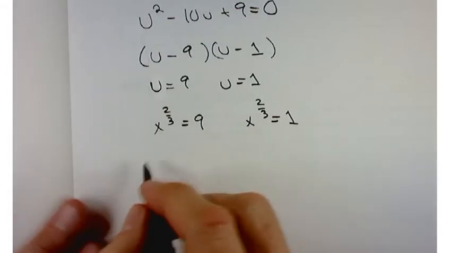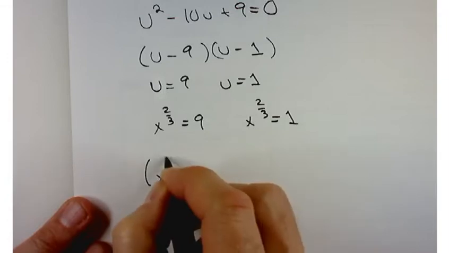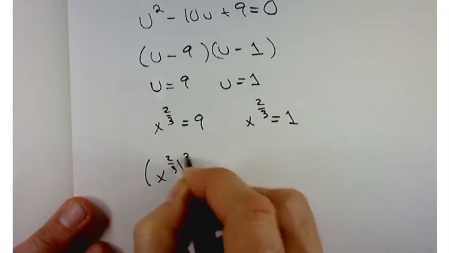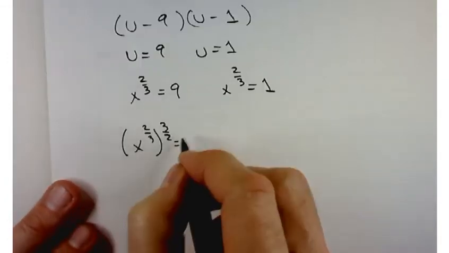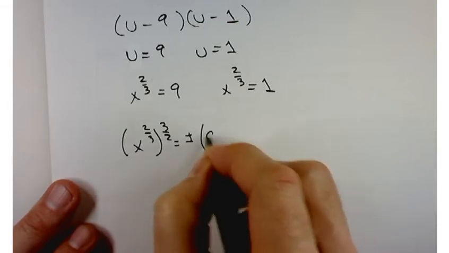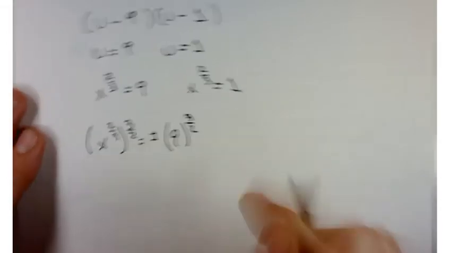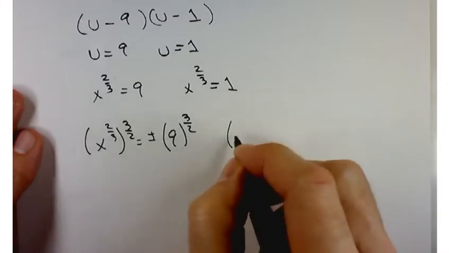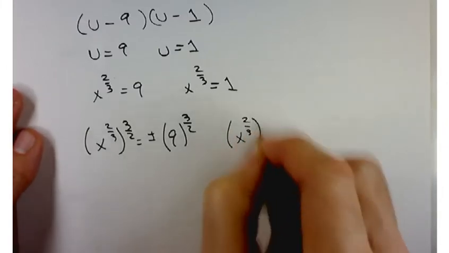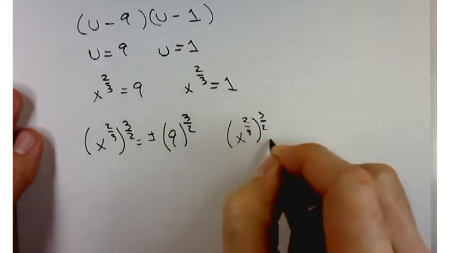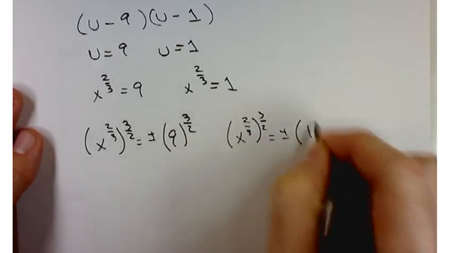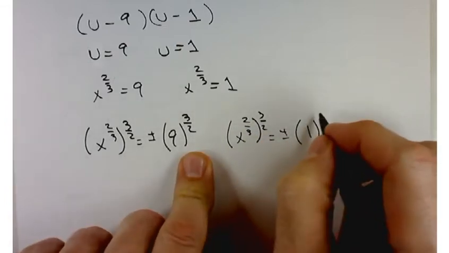Let's run through this. That's going to be x to the 2/3 raised to the 3/2 equals plus or minus 9 to the 3/2. Likewise, over here, x to the 2/3 raised to the 3/2 equals plus or minus 1 to the 3/2.